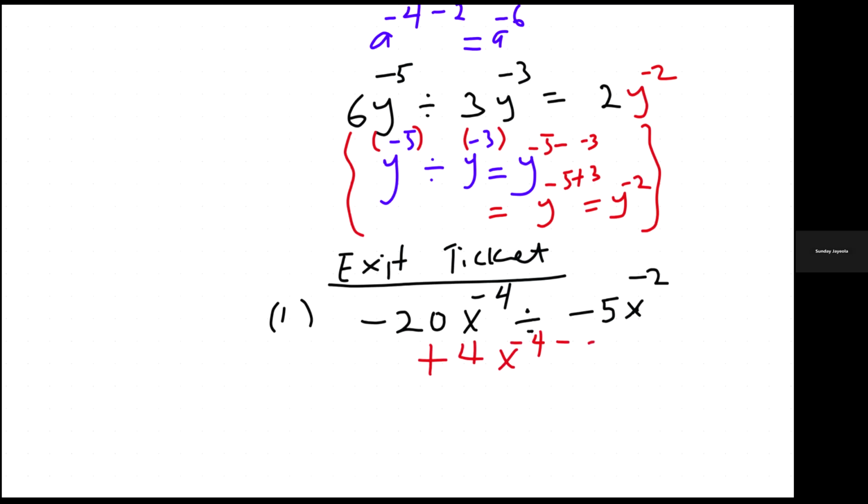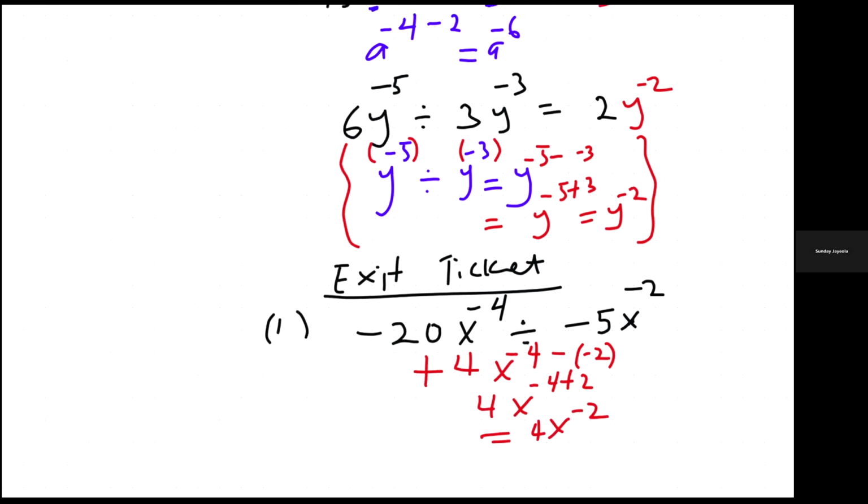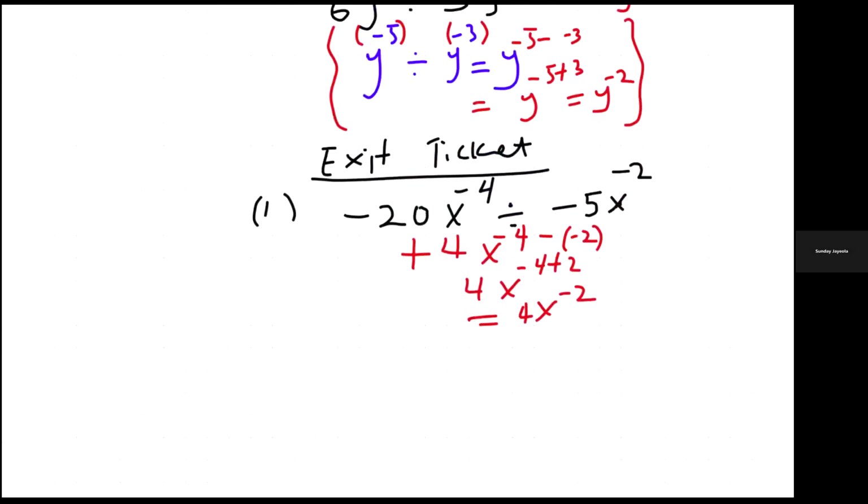So we have 4x raised to power negative 4 plus 2, because negative and negative is a form of multiplication, it becomes positive. So it becomes 4x, and negative 4 plus 2 becomes negative 2. You know, I hold 4, I have 2. That's addition. Addition and subtraction is different from the other one.